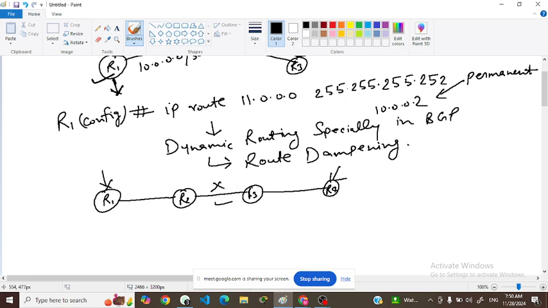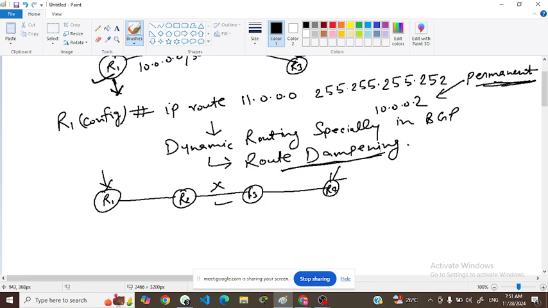It may be possible in an ISP network. Especially in the case of ISP, you will get a number of links continuously flapping due to a lot of issues. So if we are using static routing, we can use this permanent keyword to permanently add the route. Or if we are using BGP, then we can use route dampening.